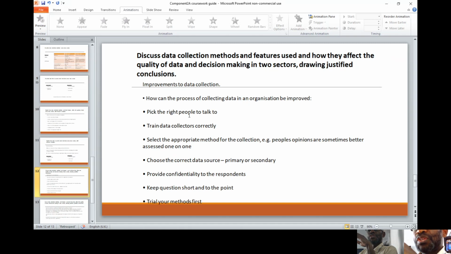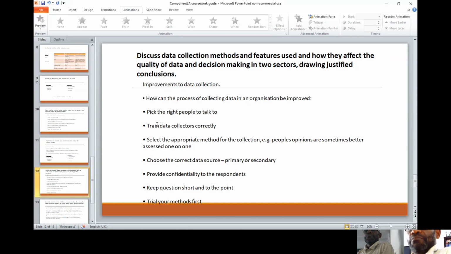You're going to look at how data collection can be improved, how the process of collecting data in an organization can be improved.